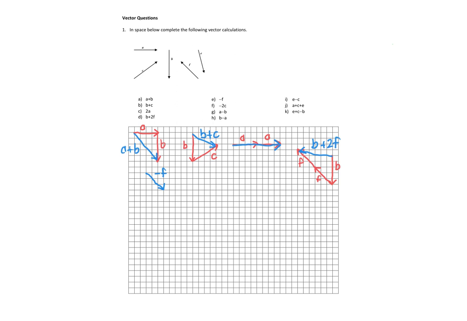So that's the one that goes 4 and 3 across. So I'm going to go 4 across, 3 up. So I've got to go 3 down and 4 across. So that's going to give me minus C, and I'll just use my rubber here because obviously I didn't really want to put that on there.